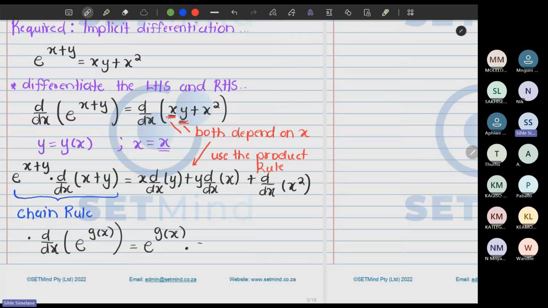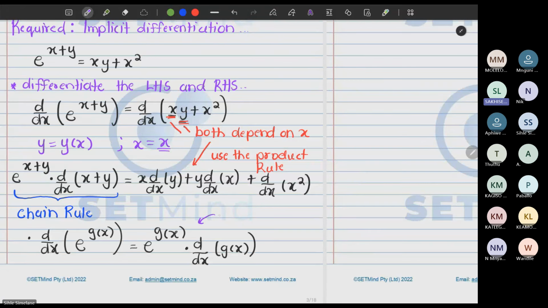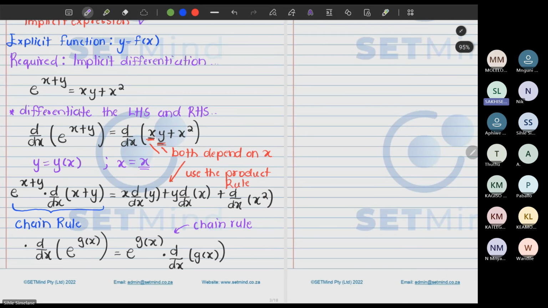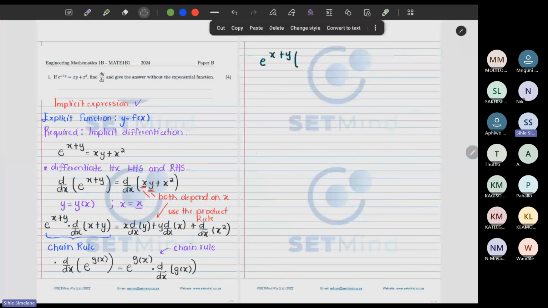But according to the chain rule, we should multiply by the derivative of what is on the power, the derivative of g of x. That means we keep what we were given and then use the chain rule to differentiate our function, which is g of x. Yes, to differentiate. Okay, I understand now. Awesome. You can now mute.